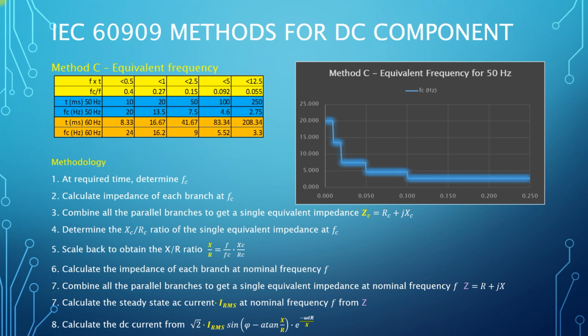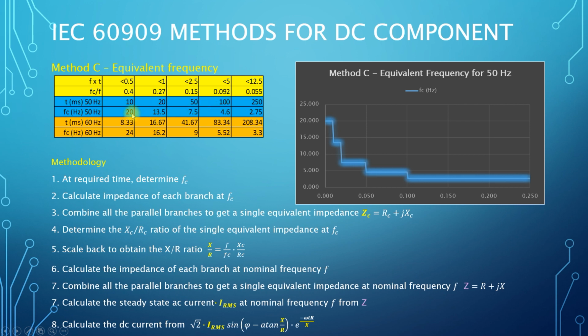So if we convert this now to a time in milliseconds for a 50 Hertz system, we're looking at 10 milliseconds, 20, 50, 100, 250 milliseconds.